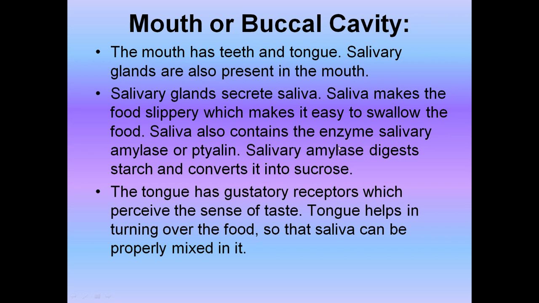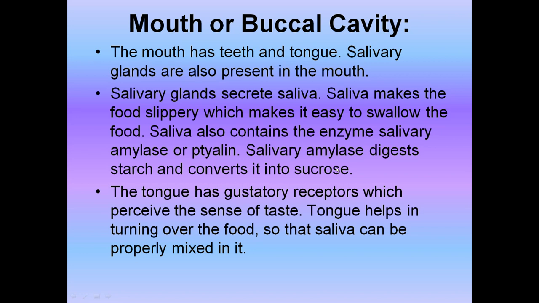Saliva contains an enzyme referred to as salivary amylase. The other name of salivary amylase is ptyalin. Okay, you have to learn this, that another name of salivary amylase is ptyalin, and salivary amylase helps in the digestion of starch. So the digestion process, that is the conversion of bigger molecules into smaller ones, starts in the mouth with the help of salivary amylase and the conversion of starch into sucrose.